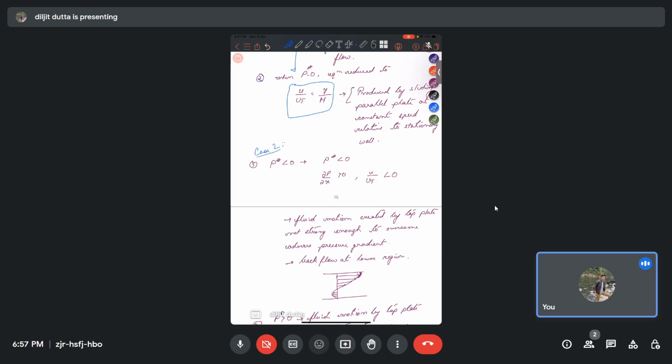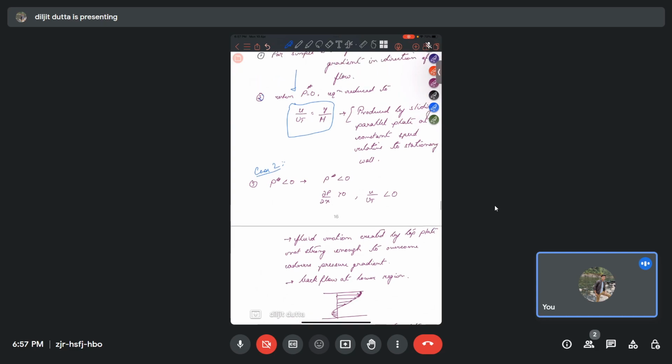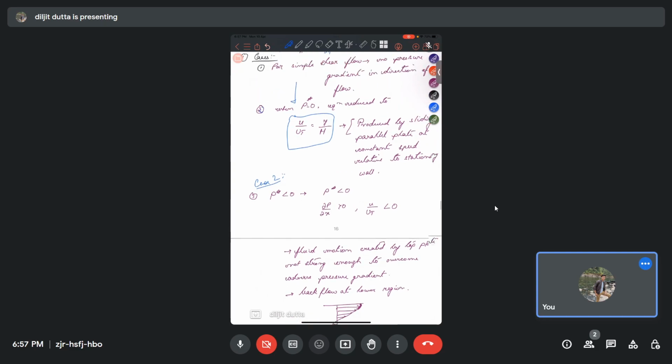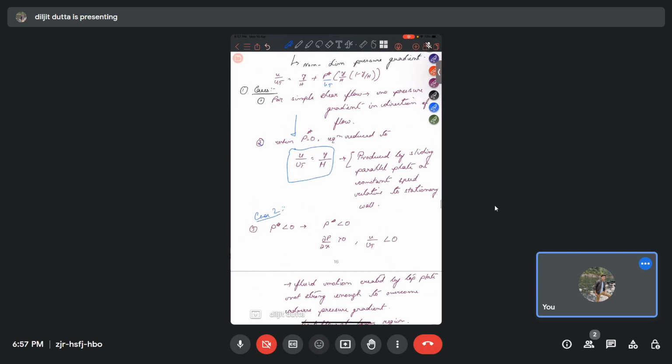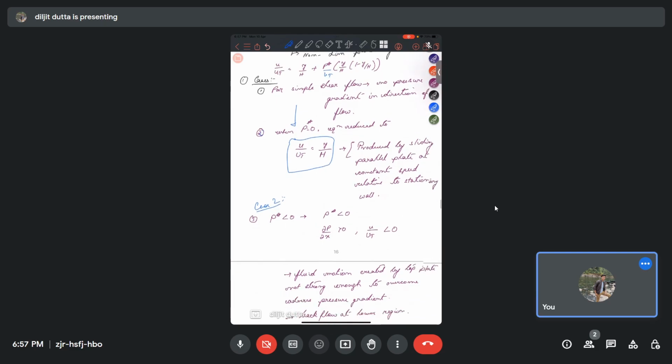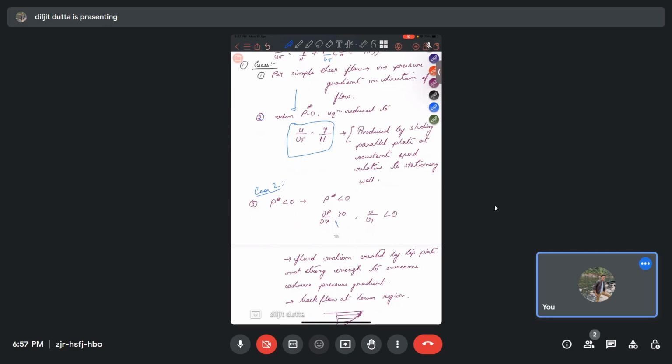And then the second condition is P star is less than 0, that is there is a positive pressure gradient. So in positive pressure gradients, ∂p/∂x is greater than 0, which is also called the adverse pressure gradient.